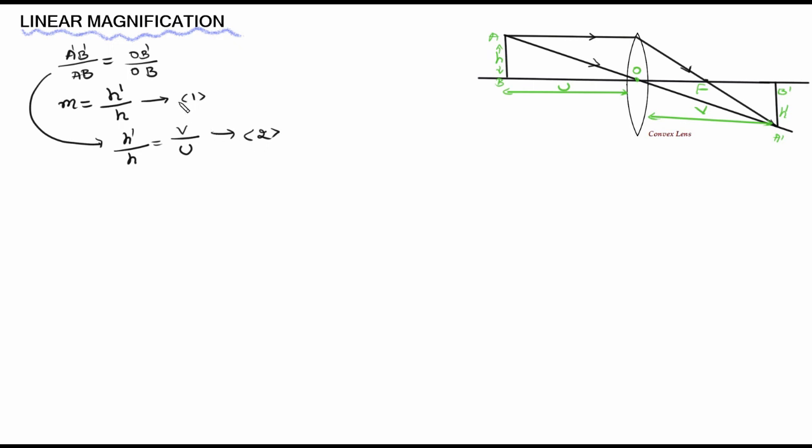If you compare equations 1 and 2, what you get? M is equal to h dash by h is equal to V by U. Now let's assign the sign conventions here.